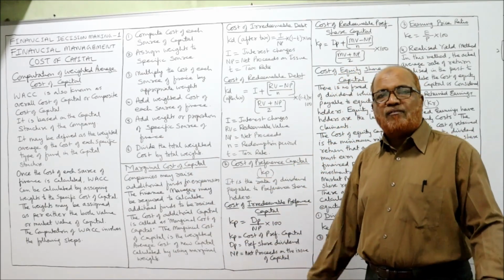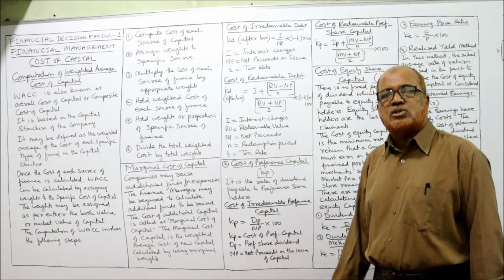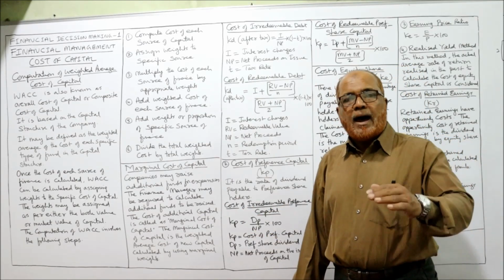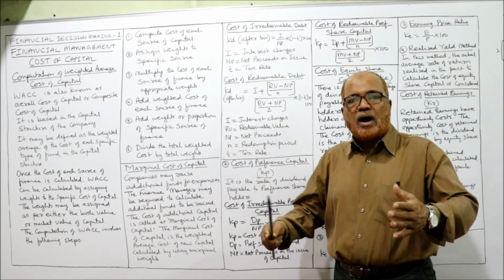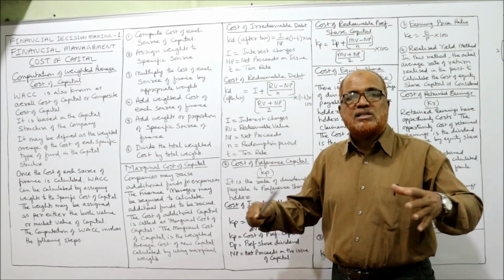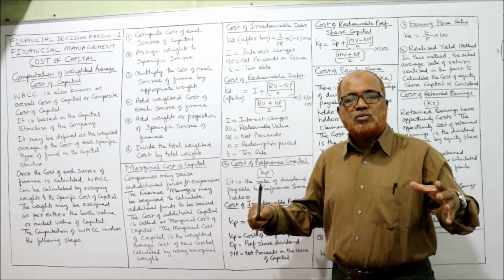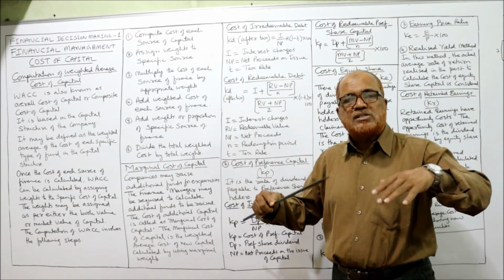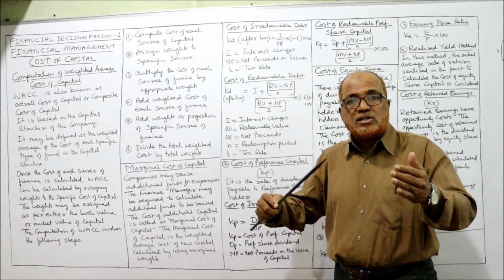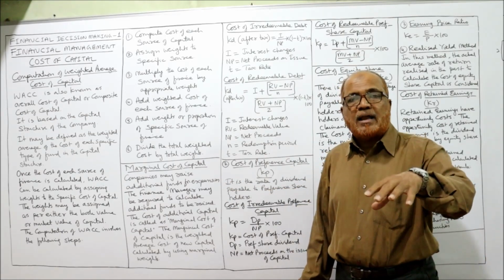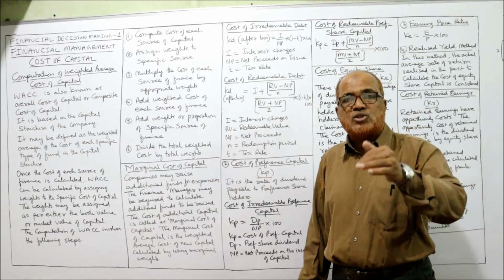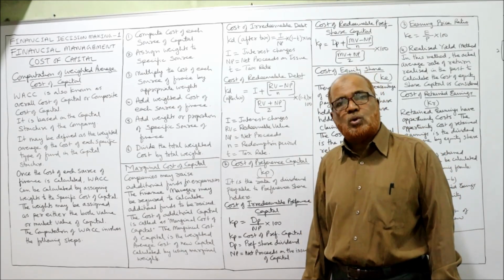Now, the last and final topic is marginal cost of capital, the additional cost of additional capital. A business may require additional funds for expansion. Once a business is set up and grows, it requires more funds for its expansion. Now, the finance manager has to decide how much funds should be raised and from which source.